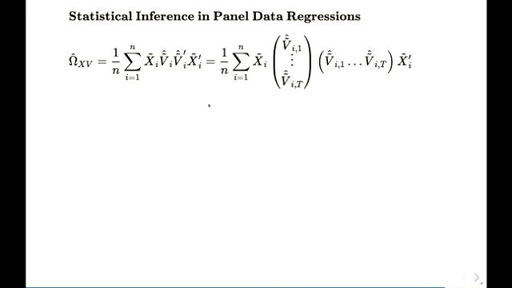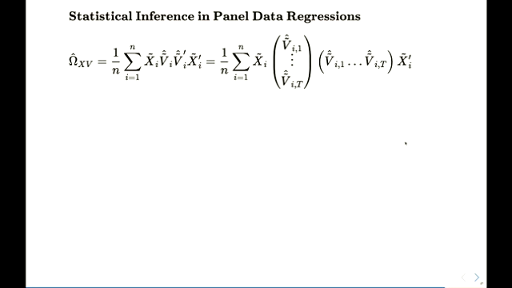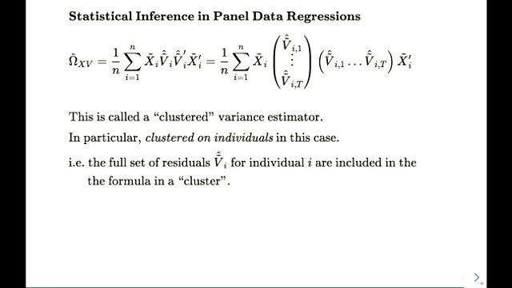So the point is, if we set things up in this kind of vector structure and then apply our covariance matrix logic that we've seen before, then automatically, for free, without doing any work, we're getting heteroscedasticity consistency and we're getting autocorrelation consistency as well.